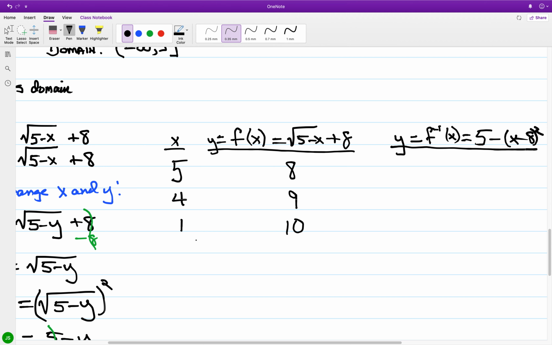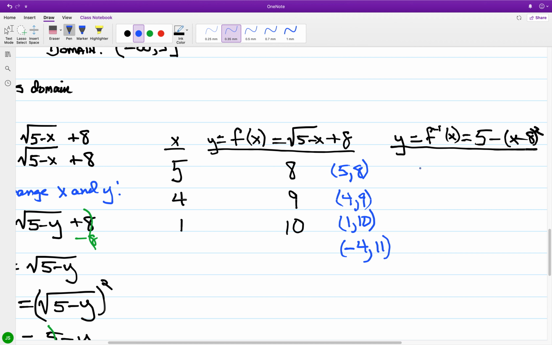And in this particular case, for y equal to f of x, equal to the square root of 5 minus x plus 8, you're going to have among your ordered pairs (5, 8), (4, 9), (1, 10). And I could actually continue: if I had negative 4, I'd have (-4, 11).